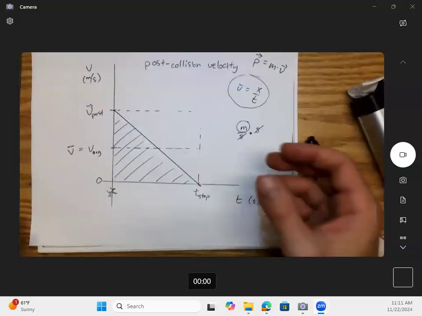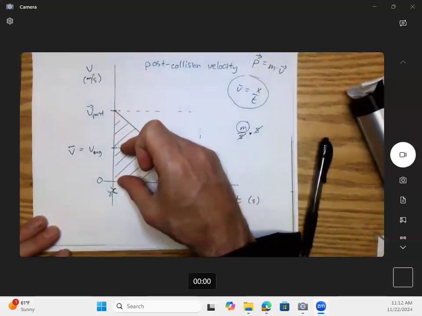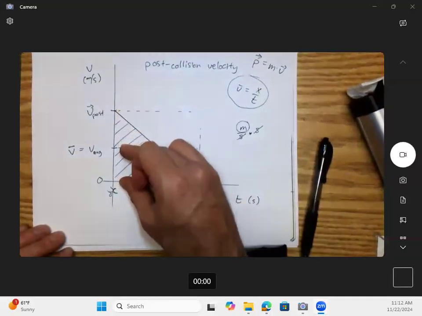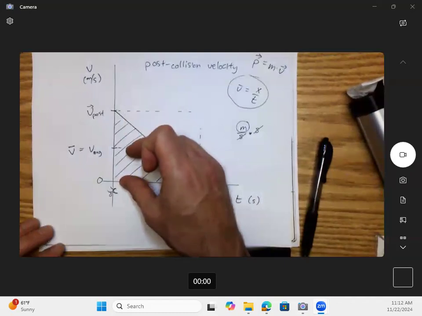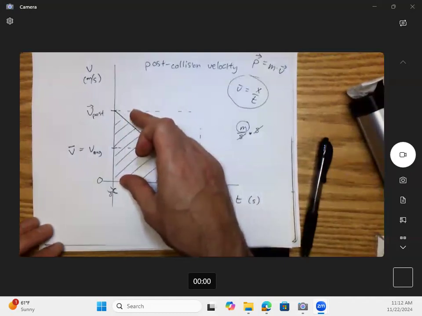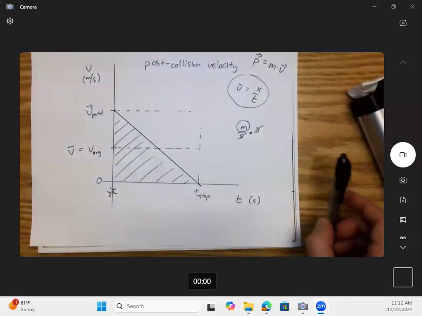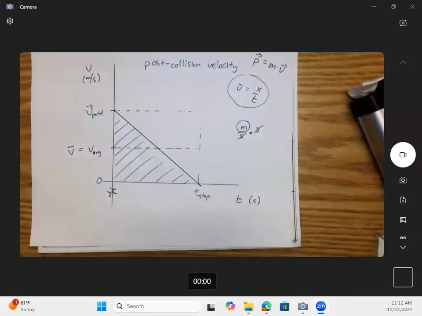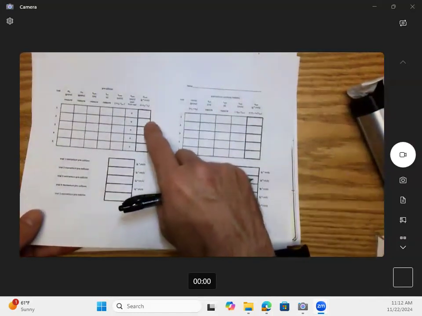Now to bring this all together, guys, what is the true post-collision velocity compared to that average velocity that you would have calculated using this method? It's a factor of what? Yes, a factor of 2 to get back to the true post-collision velocity. So if you did not account for that, that's why your post-collision momentum would be half of your pre-collision momentum.